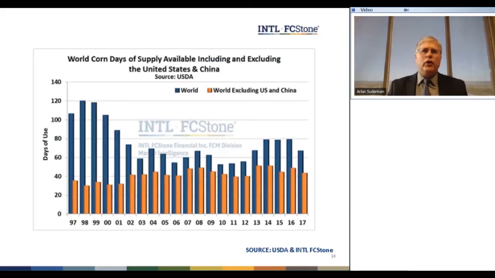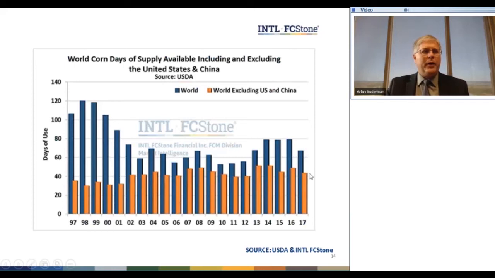If you look at where the bulk of the corn supply surplus is, it's been in China, which is basically not a big factor in world trade right now, and in the United States, and soon to be in Brazil. But this chart shows us in the blue bars that overall world supplies are about a 67-day supply.